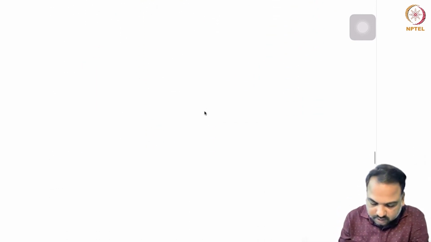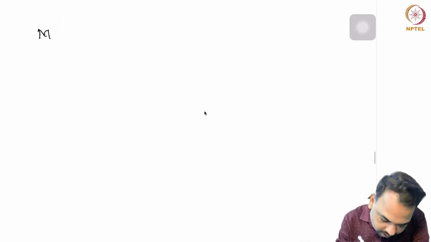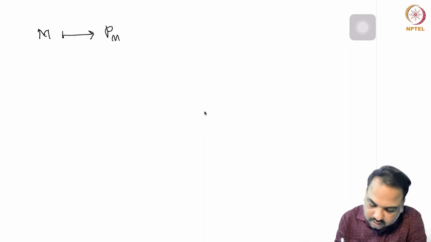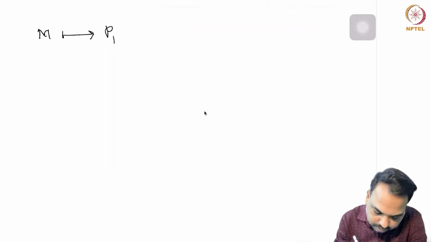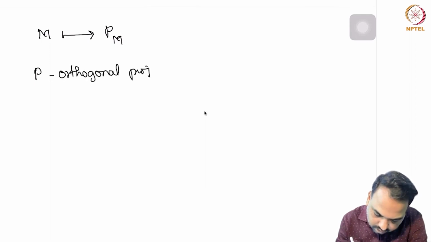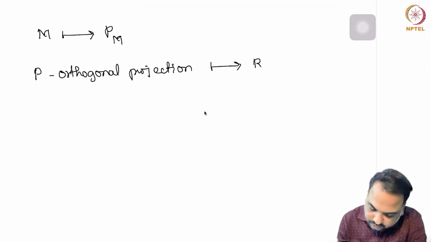So let me summarize what we have done. We have taken a closed subspace in H, and we have associated with it a projection whose range is exactly M. And if P is an orthogonal projection, then we can associate to it the range of P, which is a closed subspace.